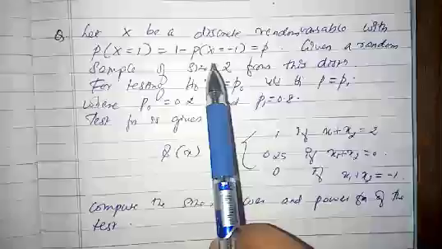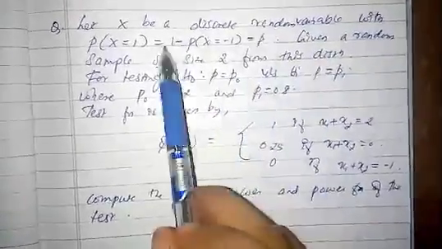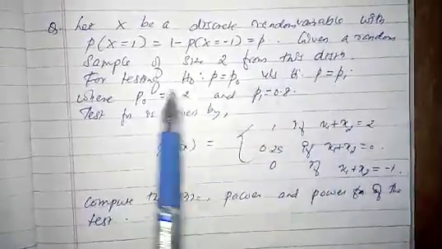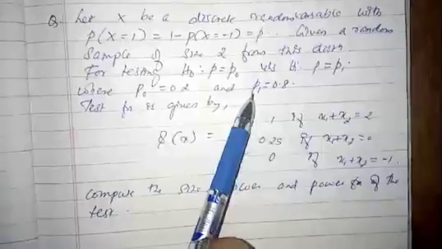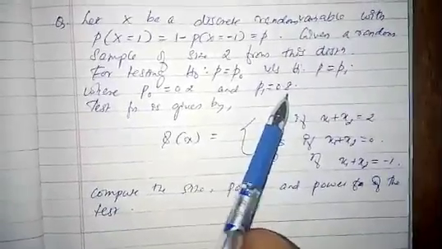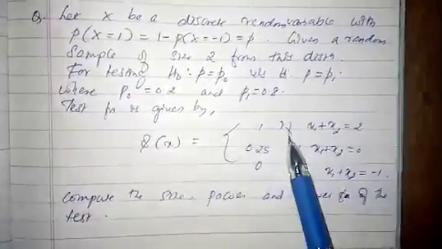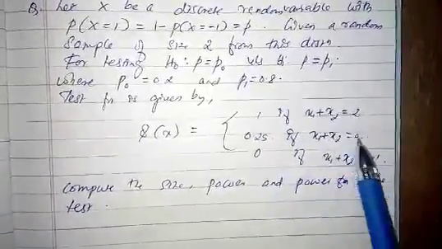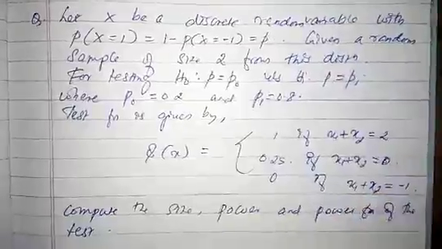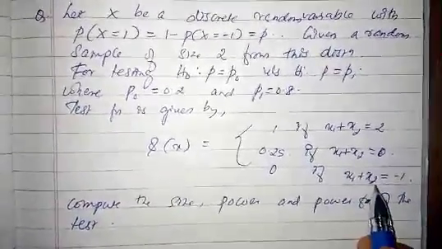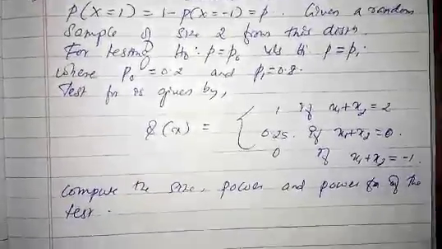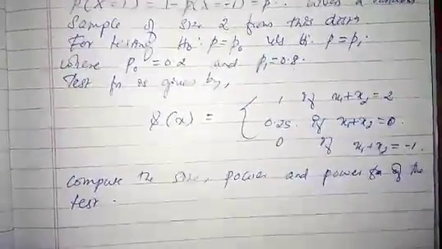Given a random sample of size 2 from this distribution for testing H naught p equal to p naught versus H1 p equal to p1, where p naught equals 0.2 and p1 equal to 0.8, the test function is 1 if x1 plus x2 equal to 2, 0.25 if x1 plus x2 equal to 0, and 0 if x1 plus x2 equal to minus 2. And here we have to compute the size of the test and the power function of the test.